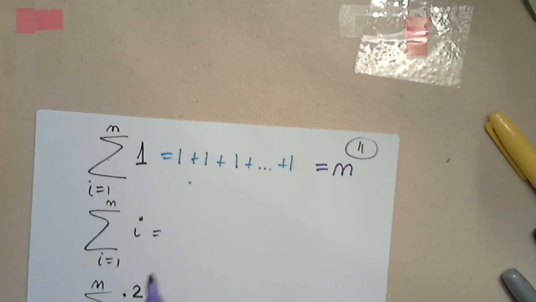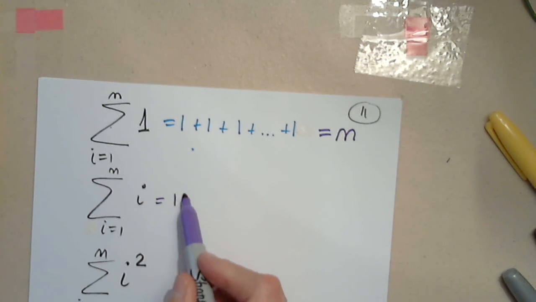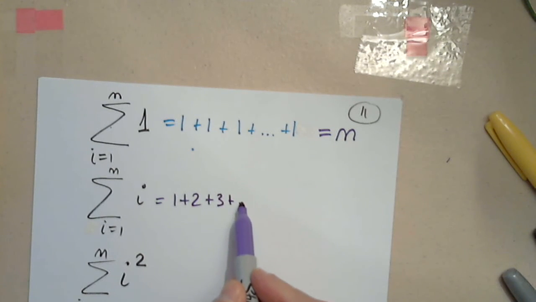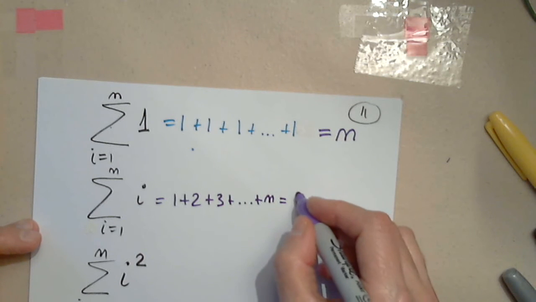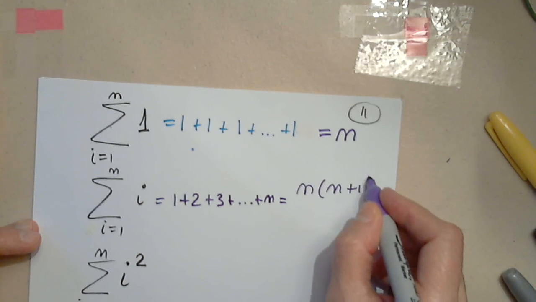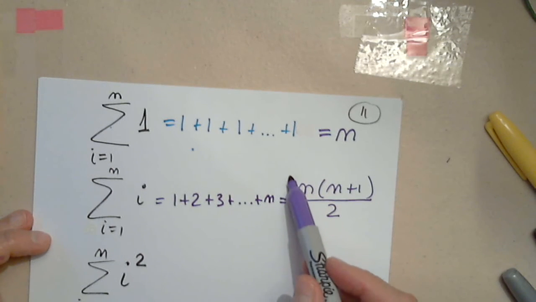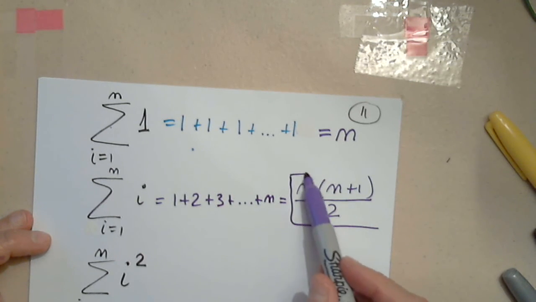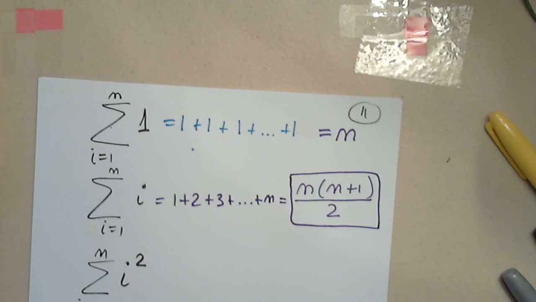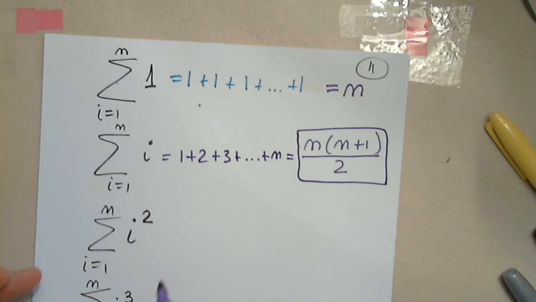Okay, what does this mean? We just discussed that. It's 1 plus 2 plus 3 plus dot dot dot plus n. And now here's the formula. n times n plus 1 divided by 2. Yes, this we have to memorize. Sorry. Okay, what will the third one mean? Well, the same thing.